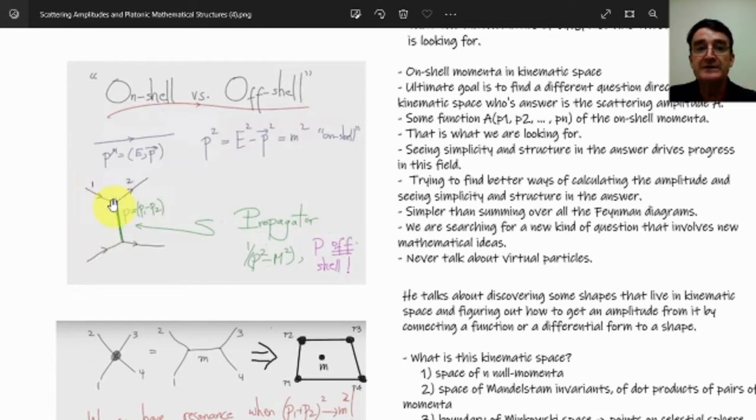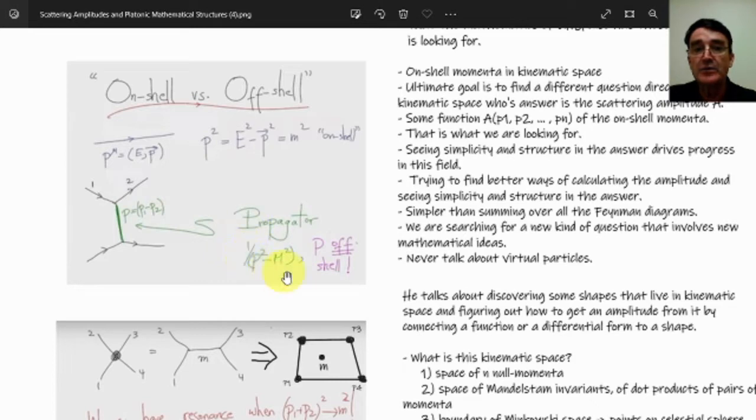This is a Feynman diagram here. You have two particles in, they scatter, and you have this propagator p here, where the momentum p is p1 minus p2.